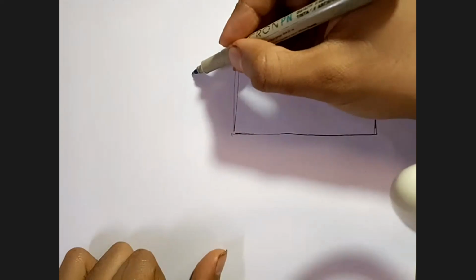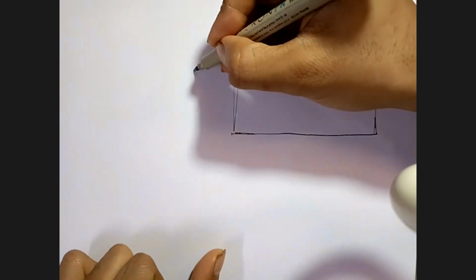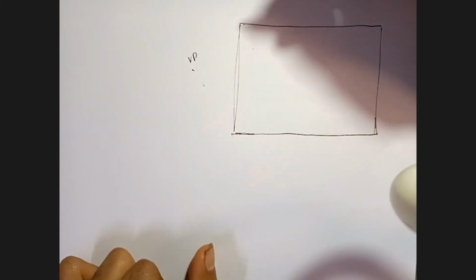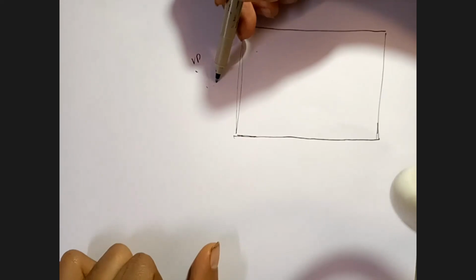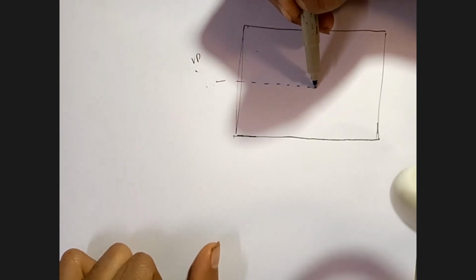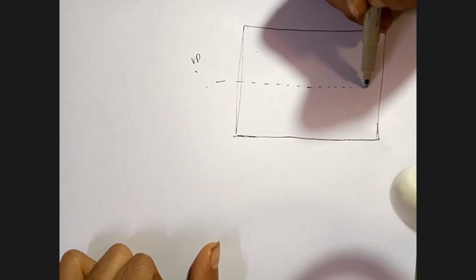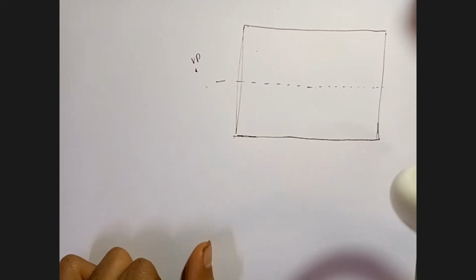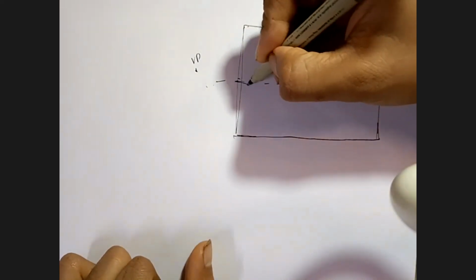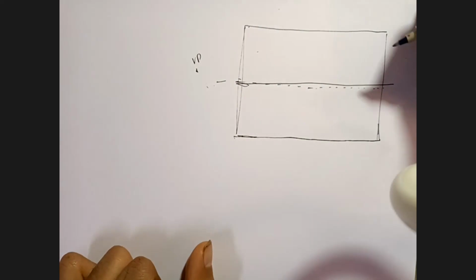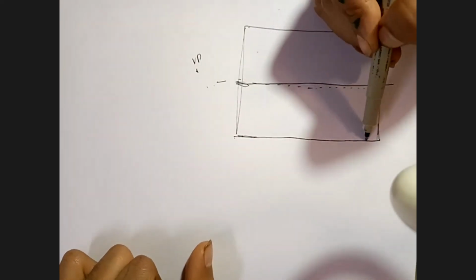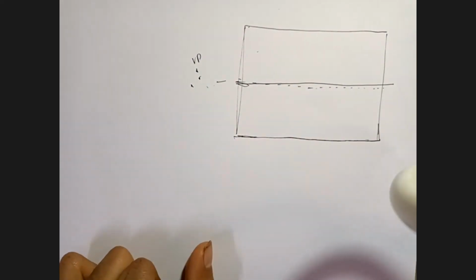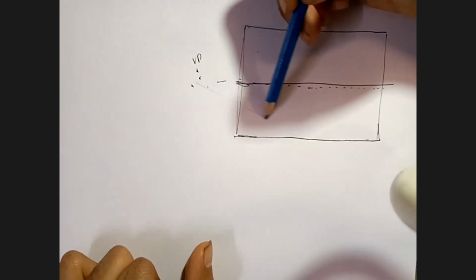Now, I'm drawing a road here. Most often, its vanishing point could extend outside of this. So when I draw it, I will most often have to set the point outside, and then extend the lines from there.